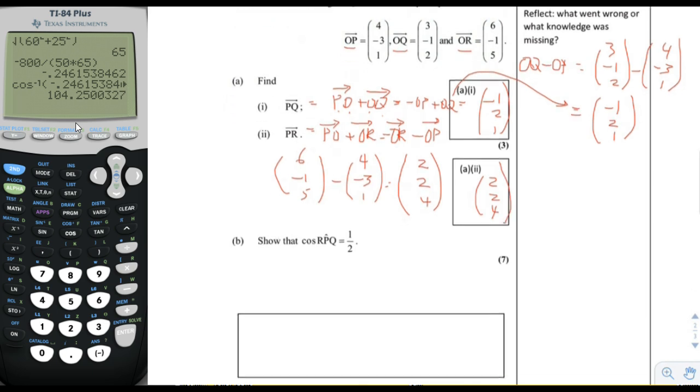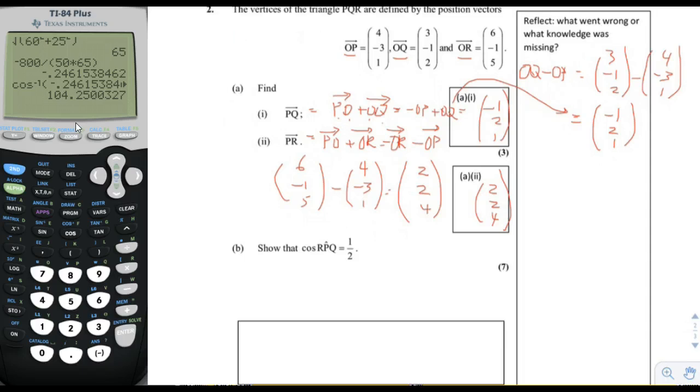Okay. Now show that the cosine of RPQ is 1/2. The only trigonometric thing that we did in this whole chapter is the scalar product formula. So we know that the cosine of theta is equal to v dot w divided by the magnitude of v divided by the magnitude of w.